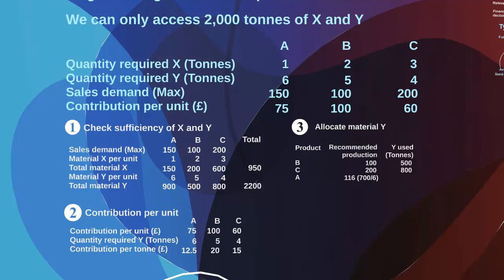And then for A, we look at what is left. If you deduct the 500 and the 800 from 2,000, we have 700 tons left, and it uses 6 tons per unit for product A. So we make as much as we can of product A from what is left, giving us 116. Which will use all those 700 tons and bring us to our total usage.